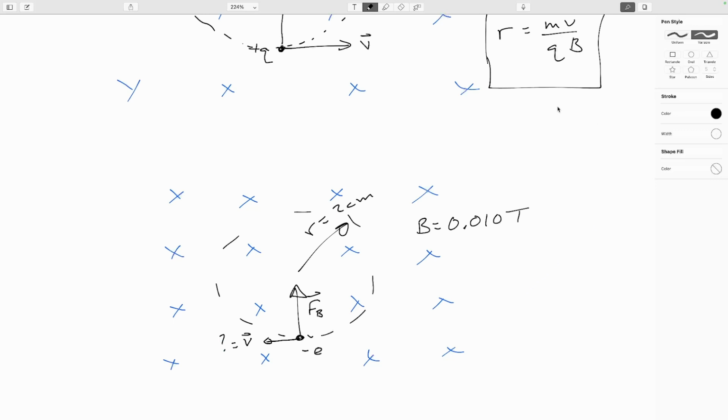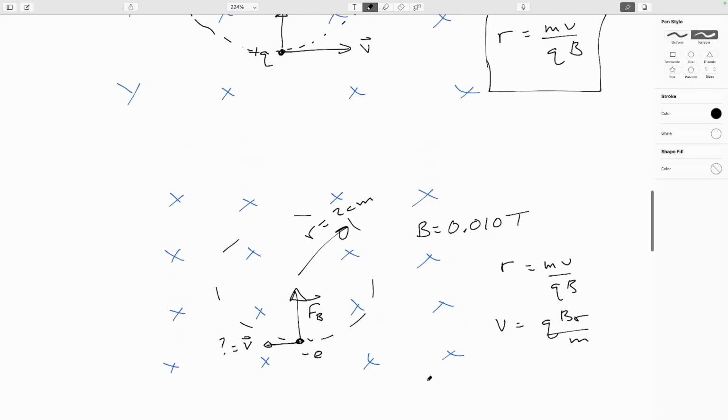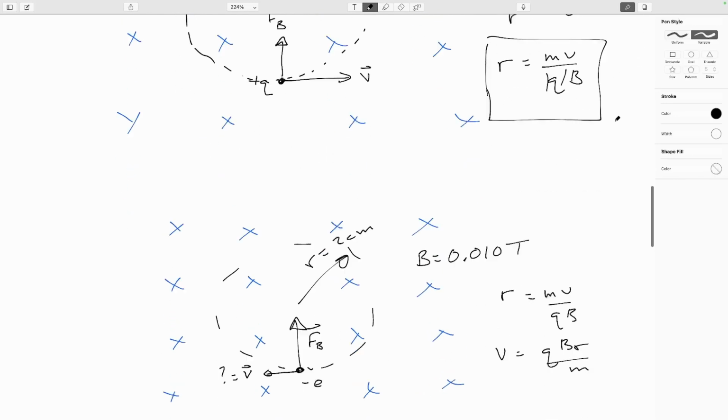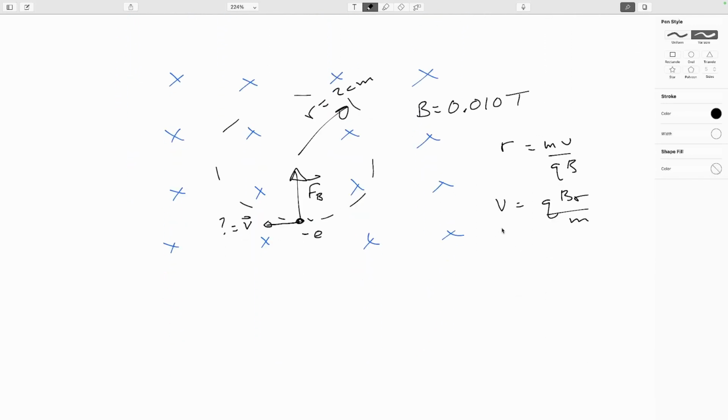Well, I can take this result here and recycle it to get the speed of my particle. I can get that my particle is going at qBr over m. And again, I should probably more rightly be putting in absolute value signs because we're handling our directions by hand here.